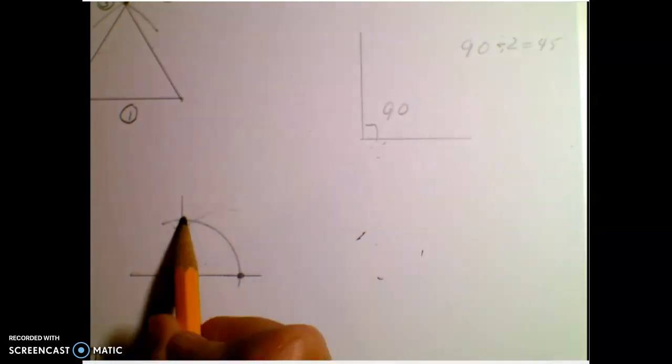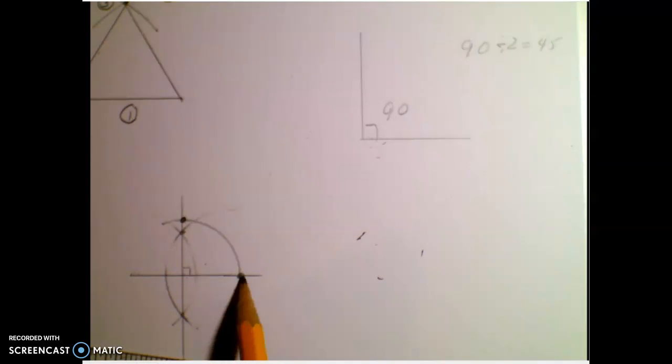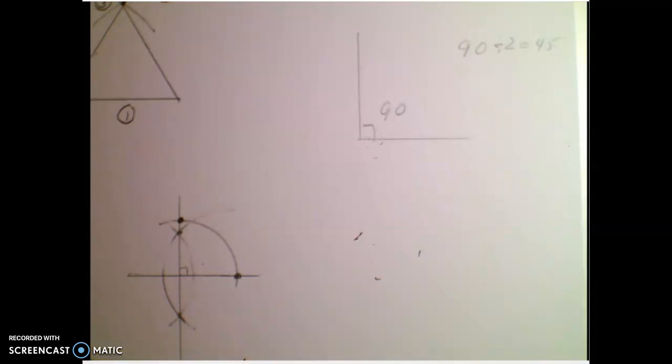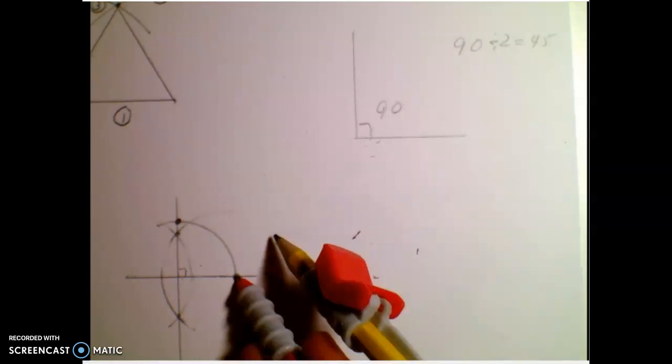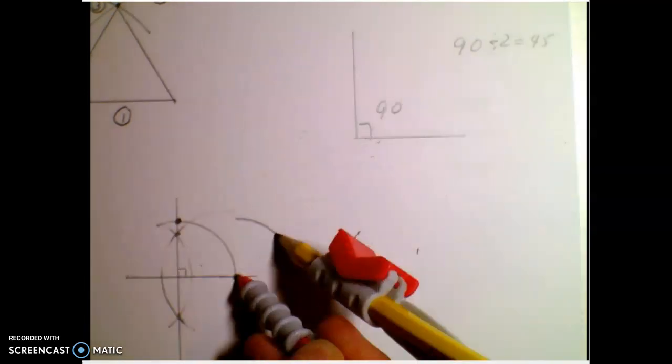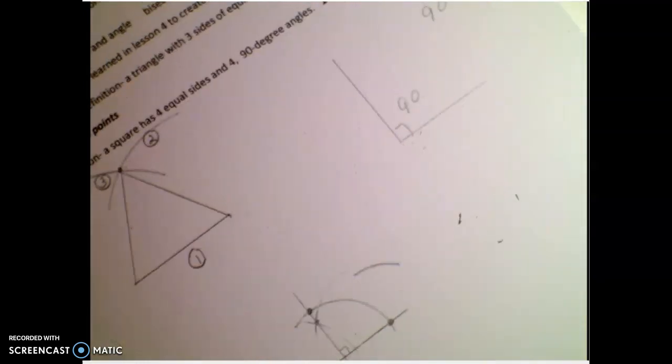So remember, we're looking for our 2 points. So this distance from here and here is equal. All right, so now I need one more set of arcs. I'm going to go from this point and make an arc. I'm going to turn the paper a little bit.